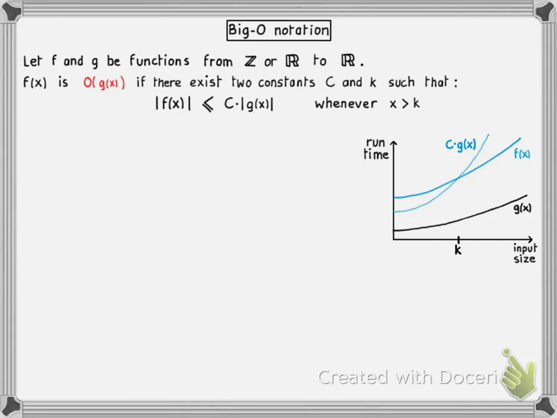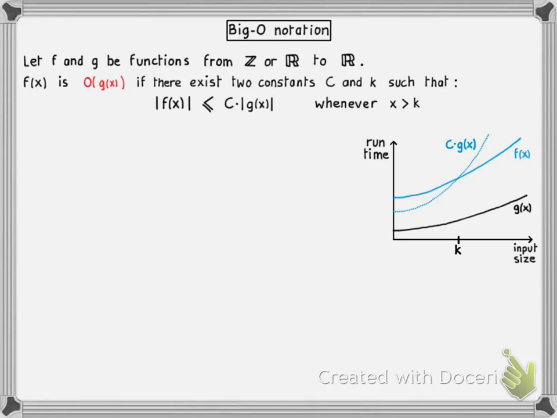And if this graph is correct, what we can conclude is that it is always true that c times g of x is above or is larger than f of x, as long as x is strictly greater than k. And therefore we can infer from that property that it is true that f of x is big O of g of x.